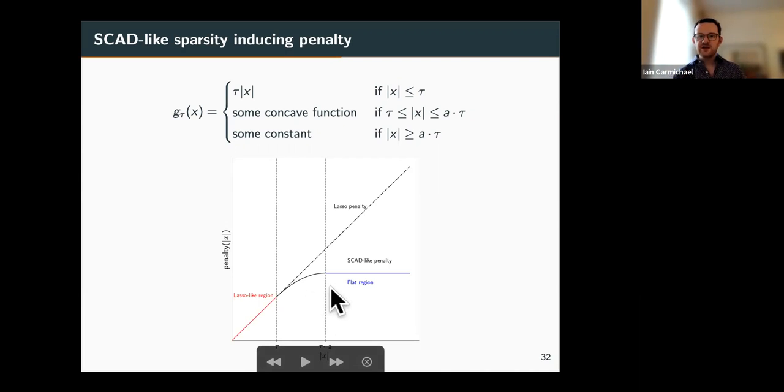And for intermediate values, it's some concave function, and the details of that are not too important. A draft of this paper is going to show up on arXiv fairly soon, and you can see the precise details in the draft. So we're going to assume that we have a SCAD-like penalty function, and the critical part of the SCAD-like penalty function is that we have this flat region.